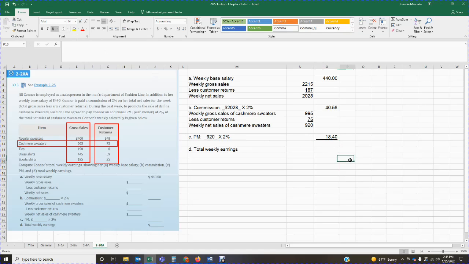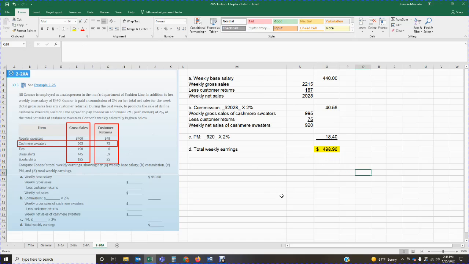And your total weekly earnings is basically going to be your weekly base salary plus your commission on your total net sales plus your commission on the push money for the cashmere sweaters. So, the total weekly earnings is $498.96, okay? $498.96 is the total weekly earnings for this particular employee, for Jill Connor, okay?